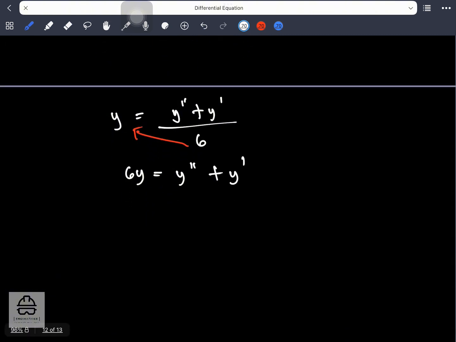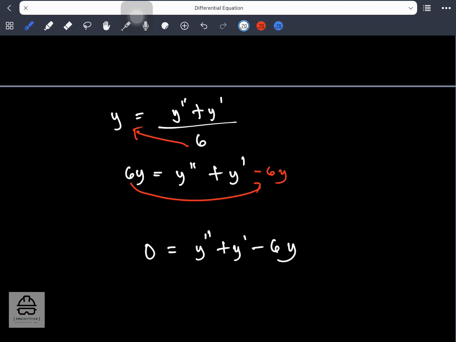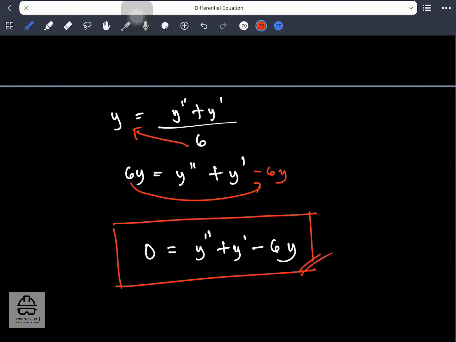Then we transpose 6y to the other side, so this will be negative 6y. Therefore, the final answer is 0 equals y prime plus y prime minus 6y. So this is the answer in eliminating the arbitrary constant in problem number 1.